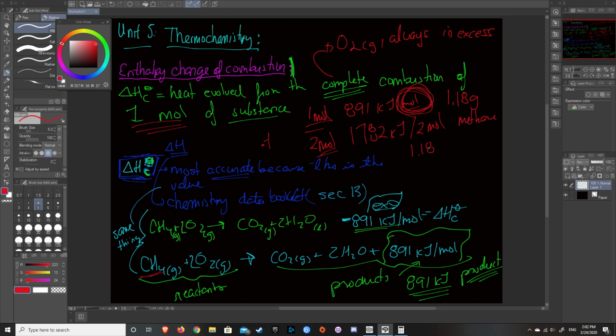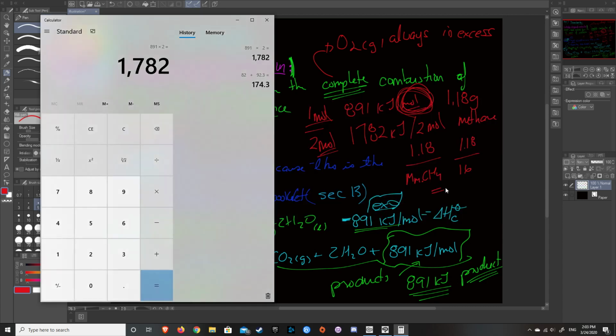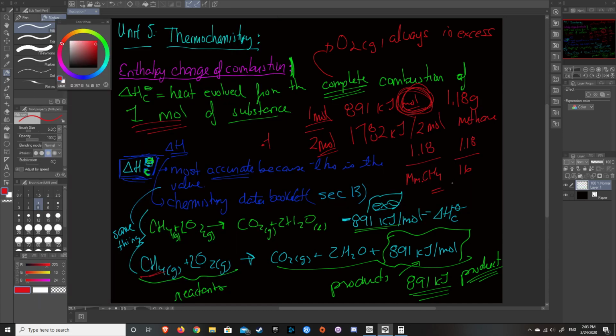So 1.18 divided by the molar mass of methane, which is approximately 16. 1.18 divided by 16, we've got 0.074 moles. So if we were to figure out how much energy is released from combusting this, you take how many moles you have, multiply it by how much is released per mole.